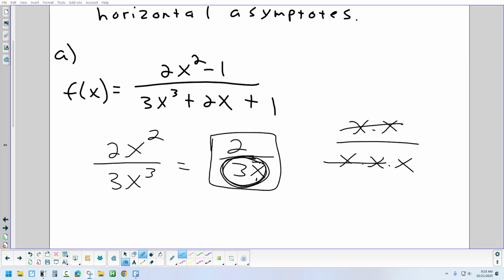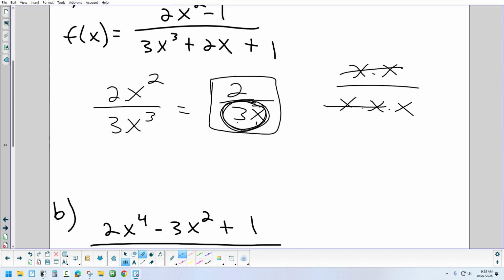As we let x approach infinity, this gets really, really big, and 2 divided by something really, really big gets really, really small. It's approaching what number? It's approaching 0, yes. So in this particular problem, the horizontal asymptote is y equals 0.